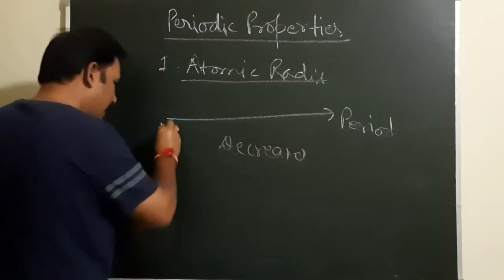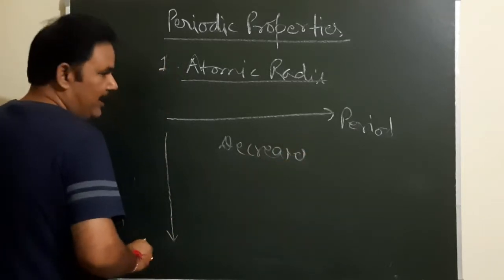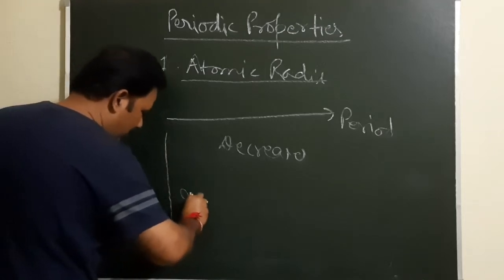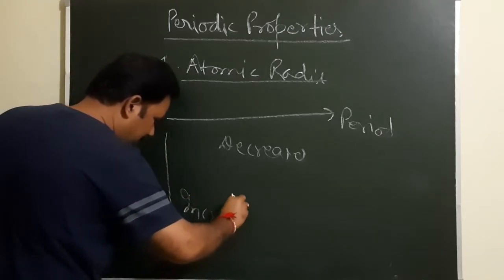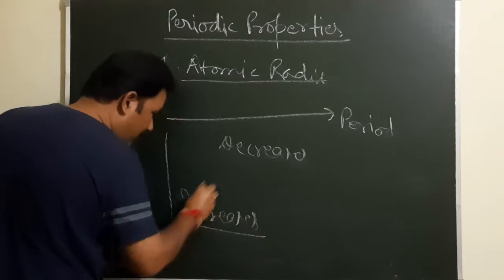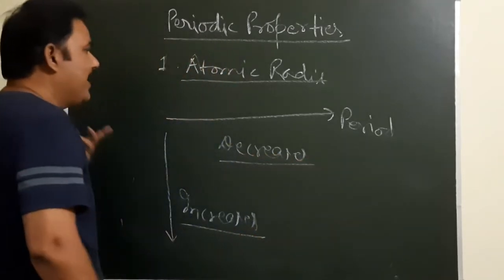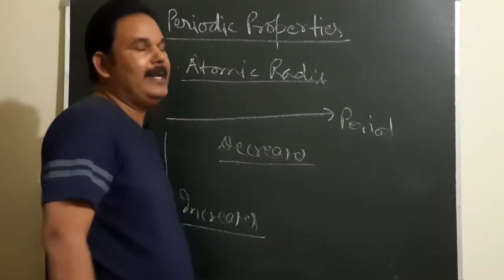And when we are moving in a group from top to bottom, it increases. So in the period it decreases and in the group it increases.